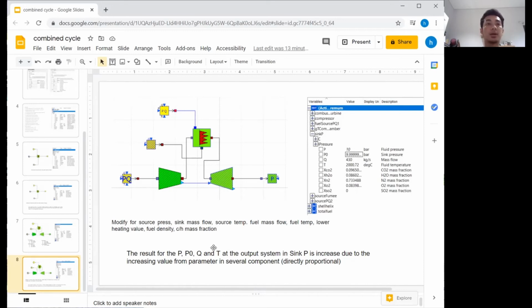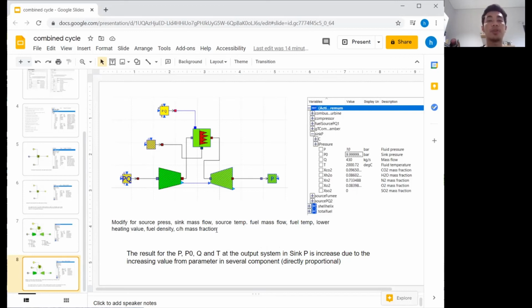So we can conclude that the fluid pressure, sink pressure, mass flow rate, and temperature at the output system also increase due to the increasing parameter values in several components. So we can say this is directly proportional. It is different from the previous model, where the temperature was the opposite, but in this case, when we add the compressor, gas turbine, and combustion chamber, the temperature also increases.